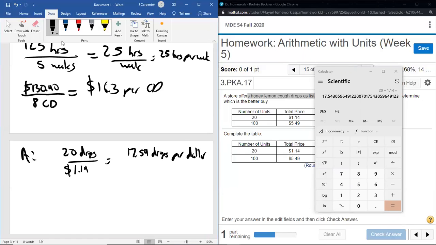Now, that is a perfectly fine way to do cost analysis, but you actually want more drops per dollar to be the better deal. So this is not the way I do things. Again, it's perfectly fine. Just understand that while our goal is going to be to keep the number small, if you do it this way, you actually want it to be big. You want to get more drops per dollar.